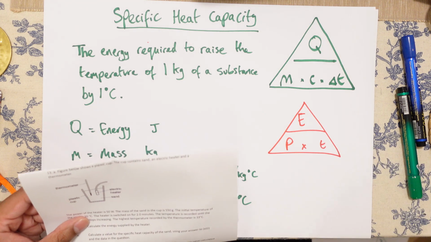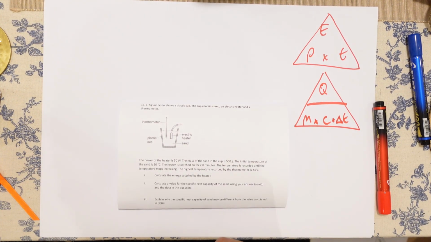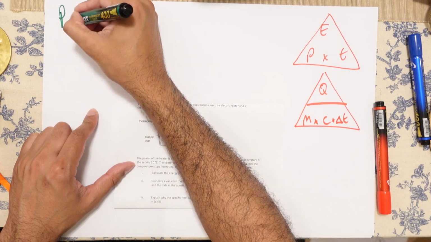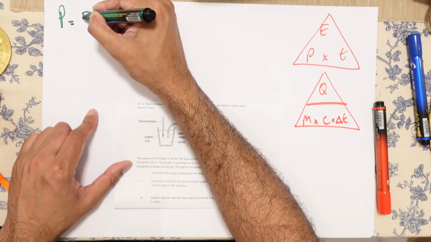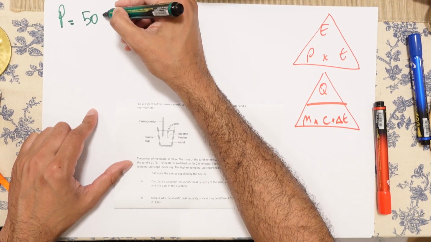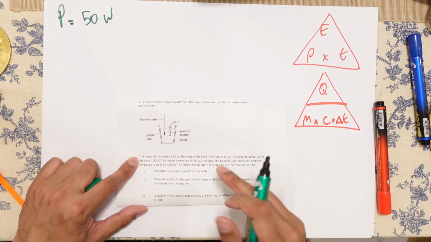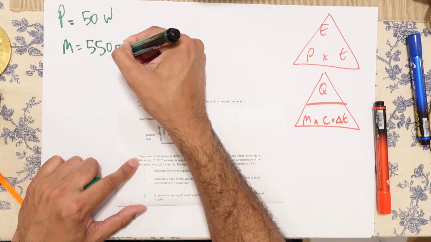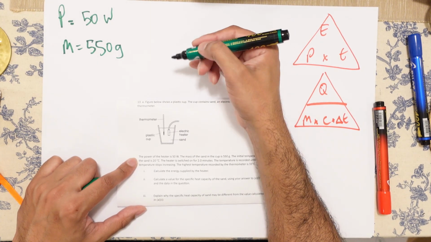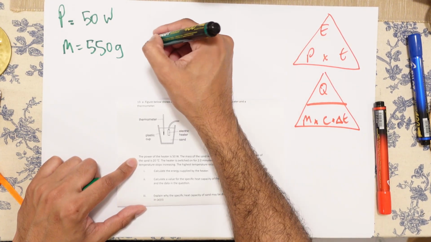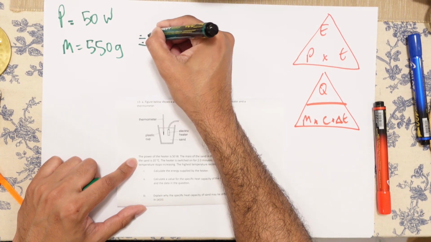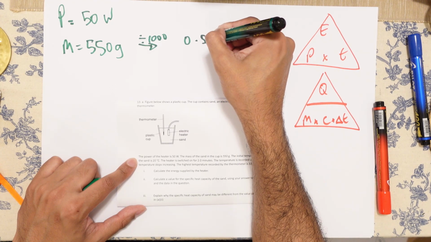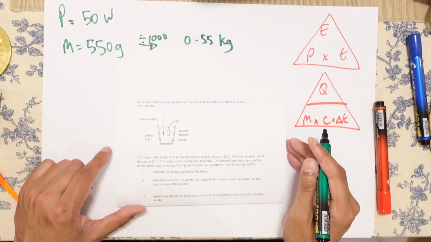So let's tackle this. First of all, let's write down everything that we know. The power, by the way, power is measured in watts, so this is 50 watts. The mass is 550 grams. Now, what you've got to do is convert that into kilograms by dividing by 1,000, and that gives you 0.55 kg, so that's the mass.